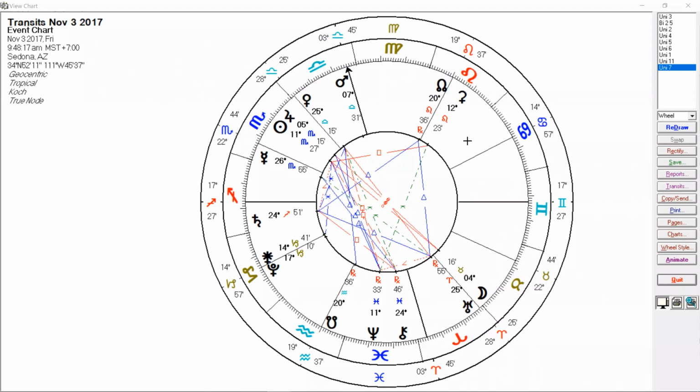To me, in order to relate to something with a Taurus moon, you can't just tell it to me. I need to touch it. I need to experience it in order to retain it. So a Taurus moon will experience everything on a visceral level, not on a mental level, but on a physical level.